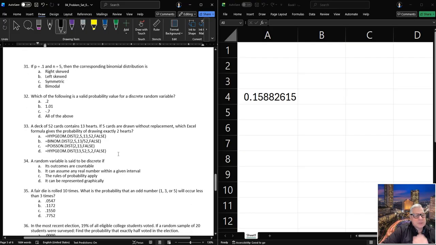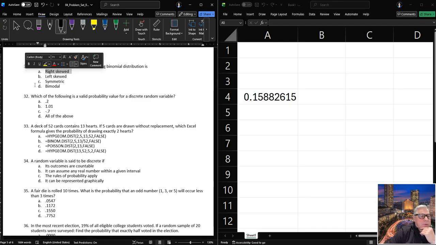If p equals 0.1 and n equals 5, then the corresponding binomial distribution is right skewed. Why would that be? Because if the success probability is 0.1 and we have 5 trials, it could be that we don't get any success, or 1 or 2 or 3 or 4 or 5.